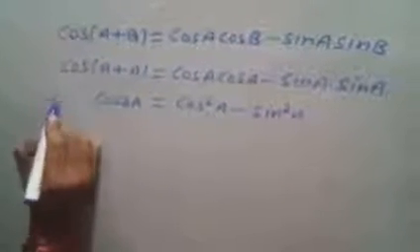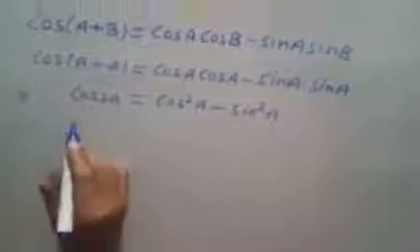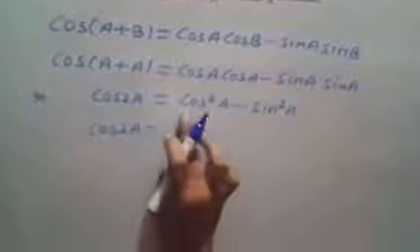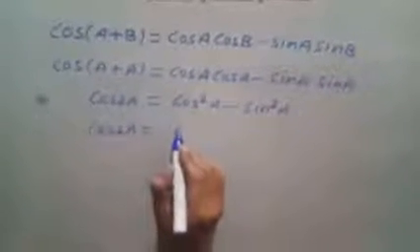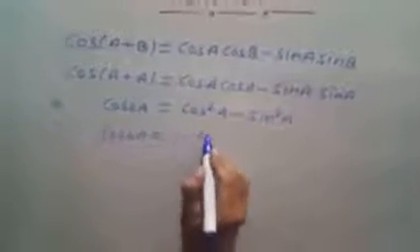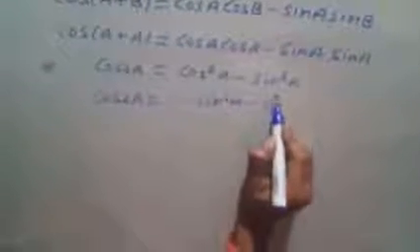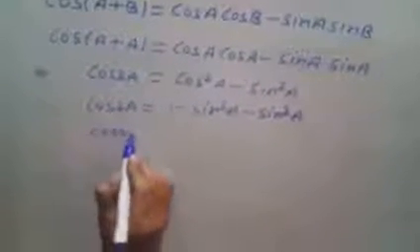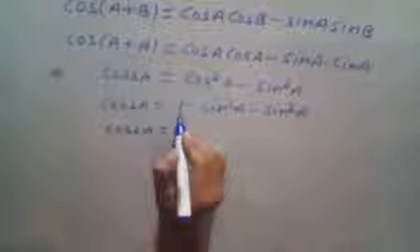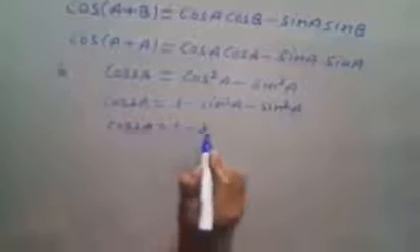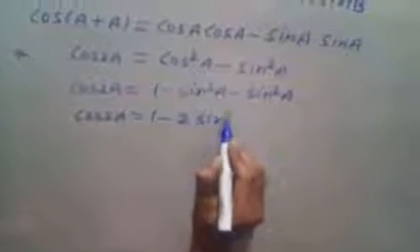So this one is the first formula of cos 2A. Now in the second one, cos square A can be written as 1 minus sin square A, so cos 2A equals 1 minus 2 sin square A. This is the second formula.